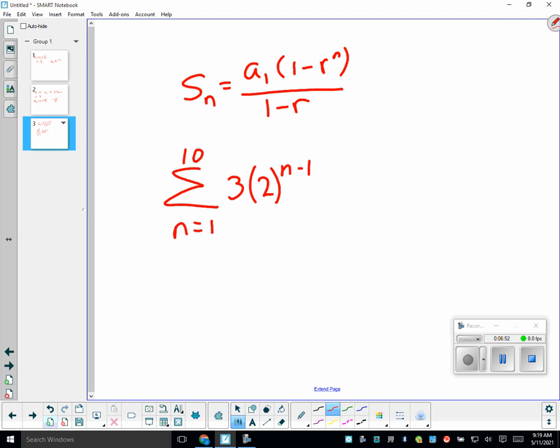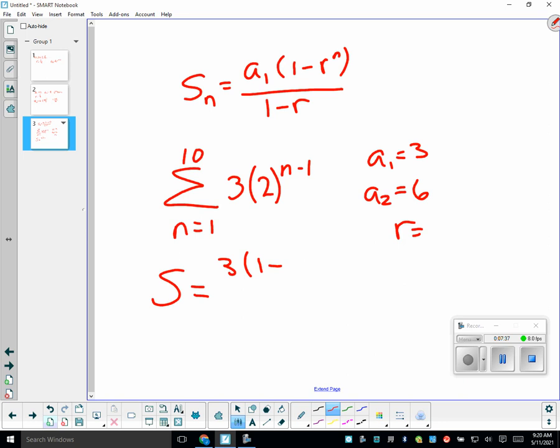Can I use my formula? S is equal to, what is A sub 1? 1. No. So you plug in 1 for n. 3. Oh. Times, oh, how am I going to find R? No, you're just going to do 2. A sub 1 is 3. What is A sub 2? 6. So what is R?